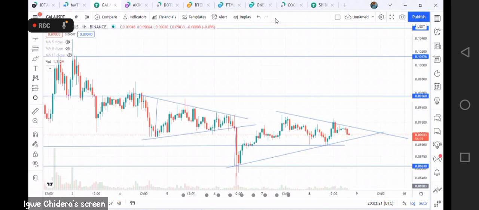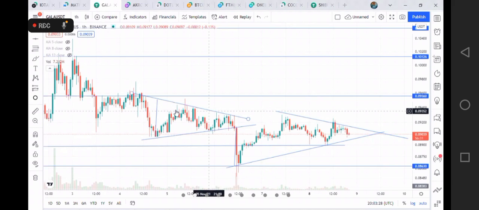Okay. I said, if you want to take profit, you measure the vertical distance between your first high and your first low. That means the distance between here and here. That's what you measure.